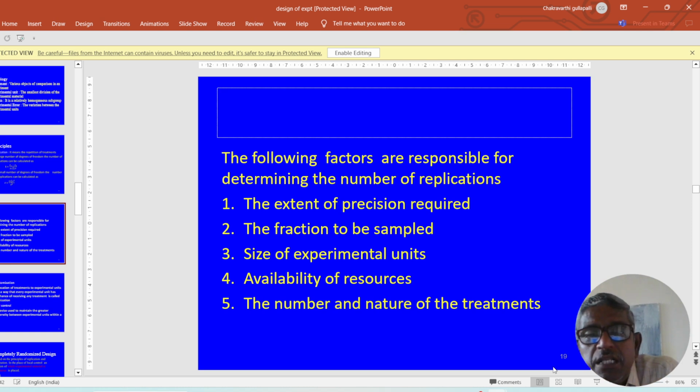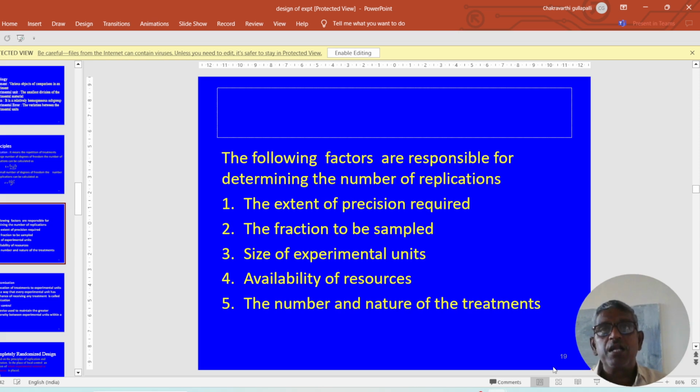Generally, for the number of replications, we consider the following factors: how much precision we require, what fraction of the sample we are considering, and the size of experimental units. If you take a small size of experimental units, we require a larger number of replications, because a small unit may or may not exhibit the proper result.